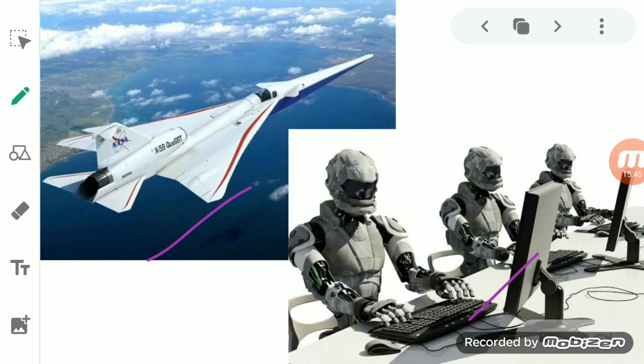So this is, we can say, the history of transport, how the transport system is evolving day by day.